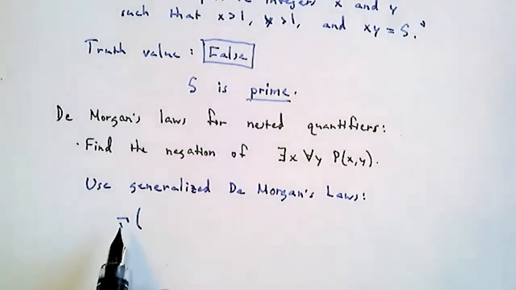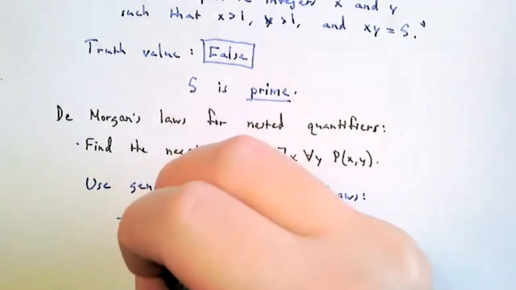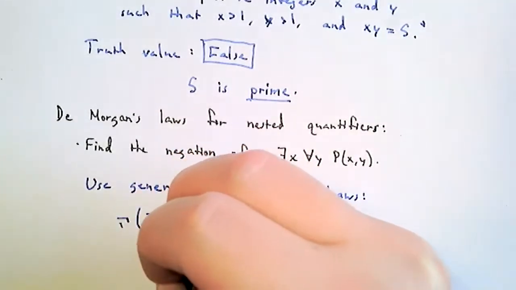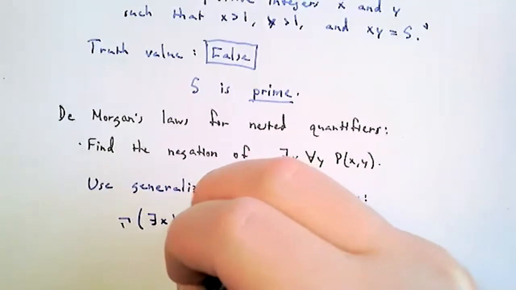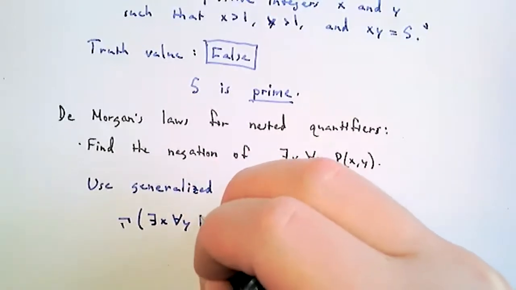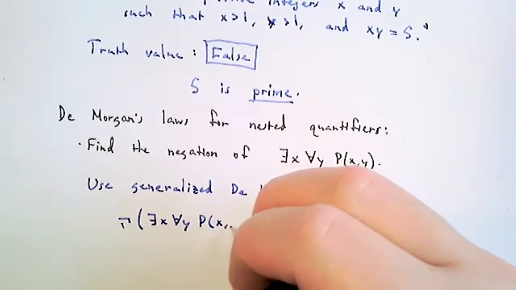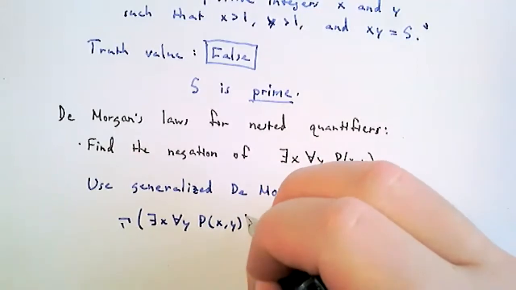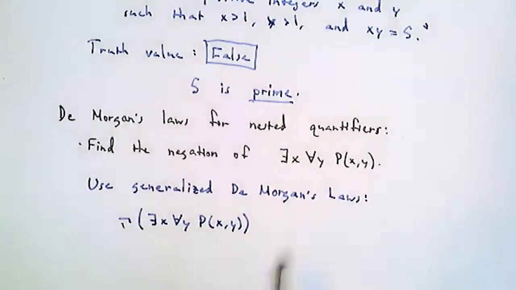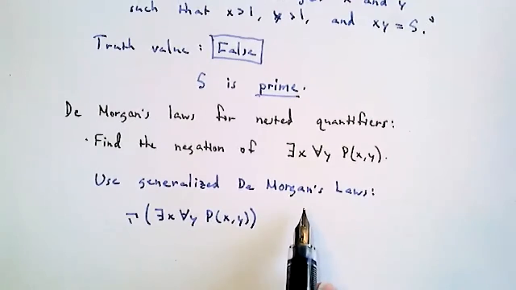Okay, so I'm putting a negation symbol and then copying down the nested quantifier. And then we'll just work through what De Morgan's laws told us to do.